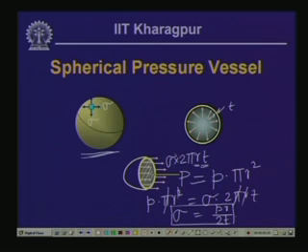This being a spherical vessel, wherever we take a section through the center, we get identical types of stresses, and hence on this particular element we have, in both the x direction and y direction, the value of normal stress as sigma.